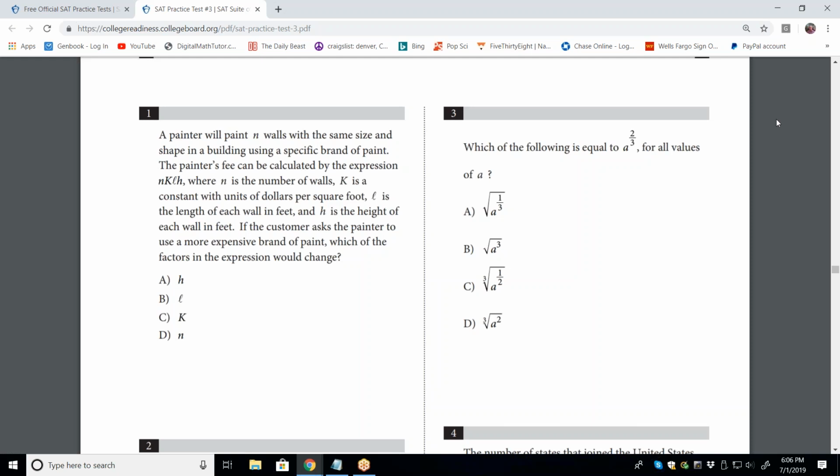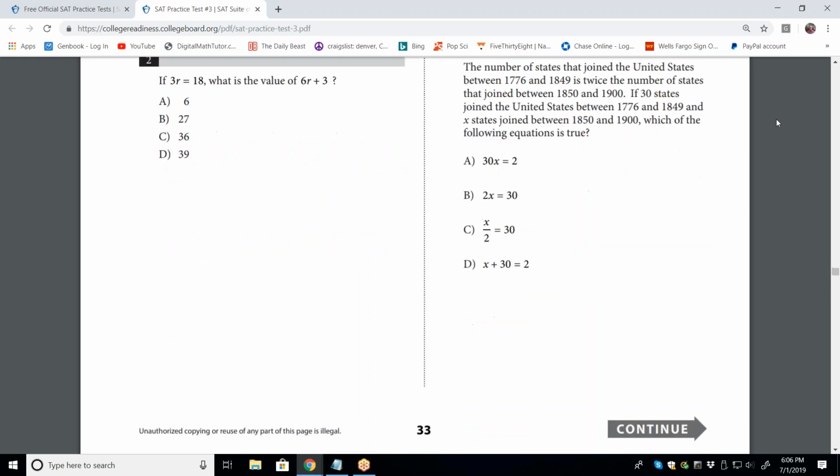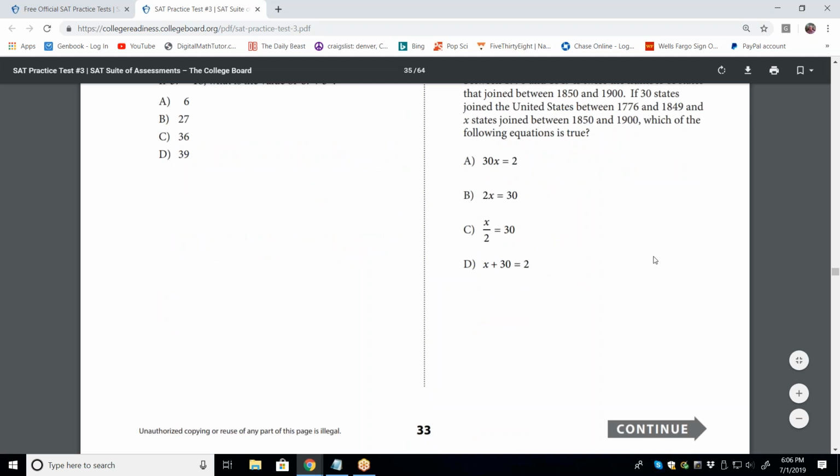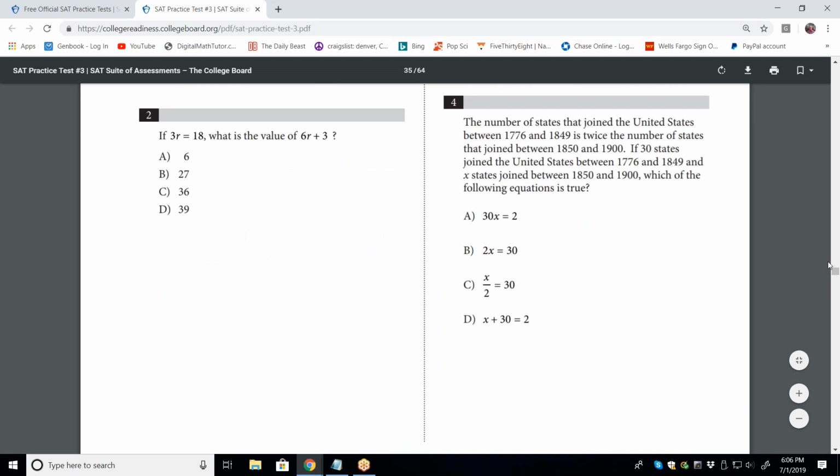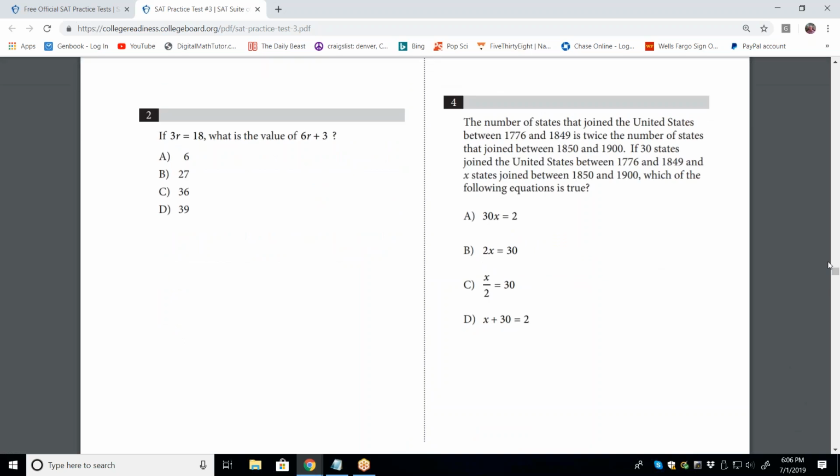All right. Let's scroll down and take a look at number 3. Oh, hold on. There we go. Or not number 3. I'm sorry, number 2. What's our first job on number 2?